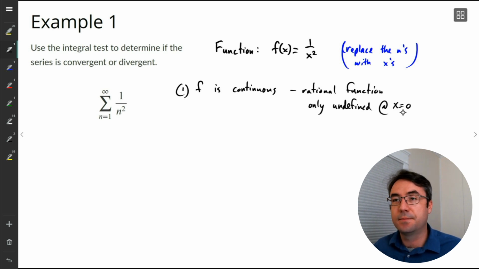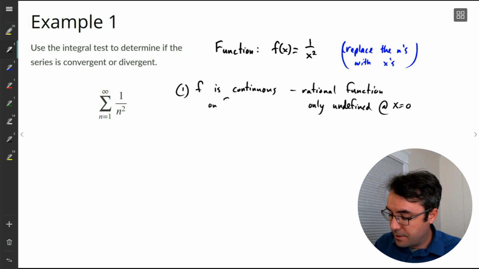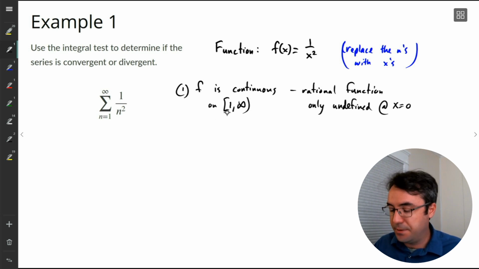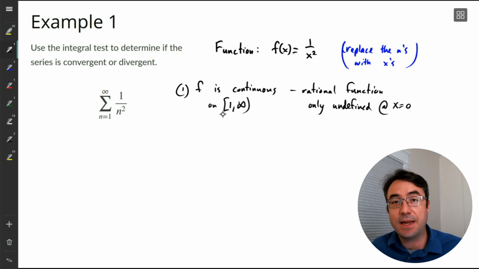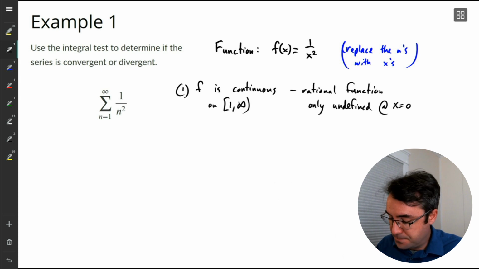And that's okay, because we're starting at 1 and going to infinity. So our interval here is from 1 to infinity, and f is continuous on that interval. It's okay that we have a discontinuity at x equals 0 because that's not in our interval. All right, so that's the first thing. It's a continuous function because it's a rational function, which is only undefined at a place outside of our interval.